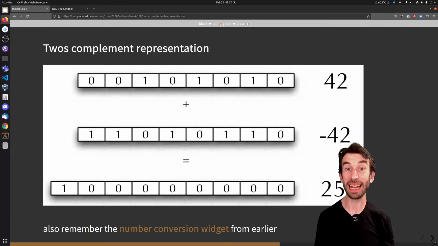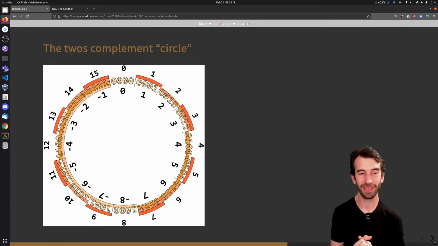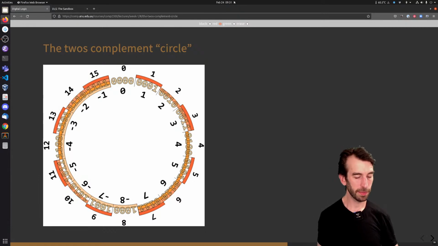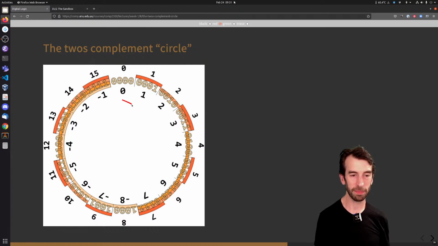I have the answer written out on this slide for that -4, 2, 1. And then we've got this picture, the 2's complement circle. Just as we were working out on the whiteboard, on the inside of the circle we've got our positive numbers and negative numbers going down, and on the outside we've got the standard positive-only representation.